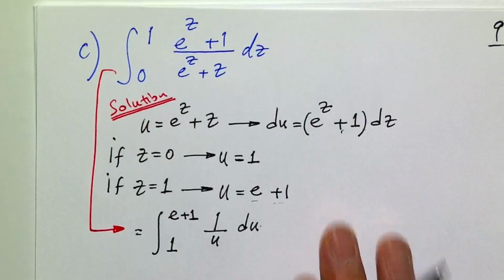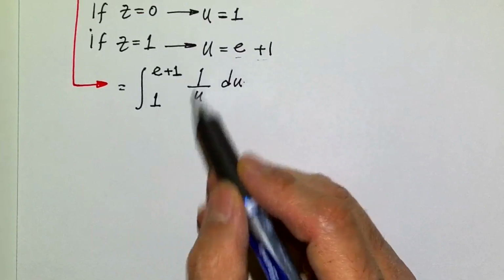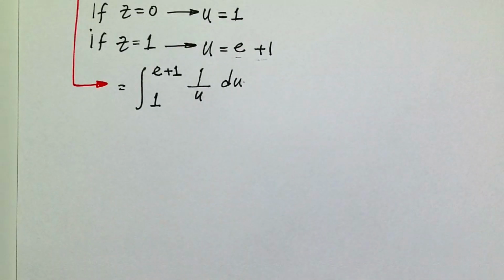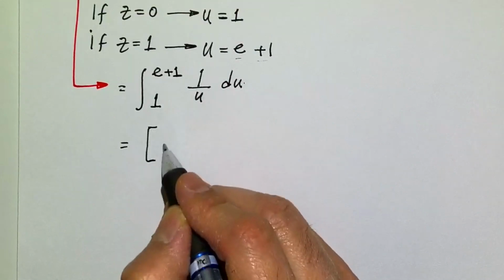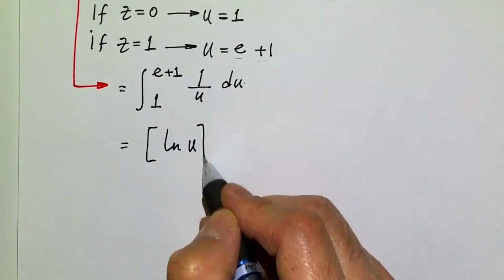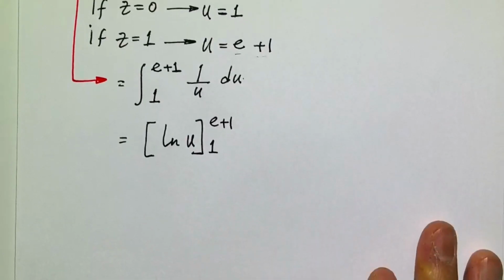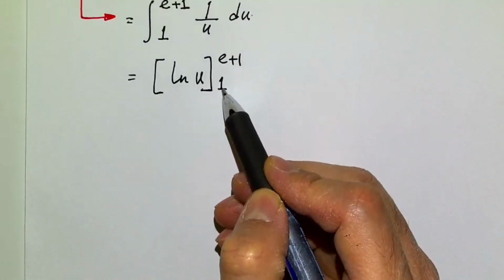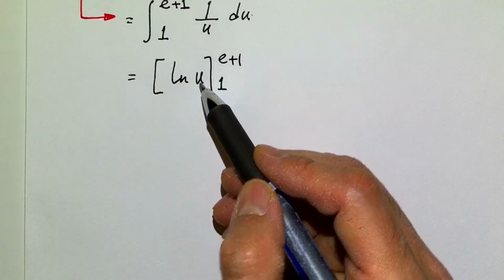Okay, great. So now let's do the integration. Integrating 1 over u is going to be natural log of u, because the derivative of natural log of u is 1 over u. So we have natural log of u going from 1 to e plus 1. Again, we don't have to look back at z anymore, because we have the lower and upper limits figured out in terms of u.